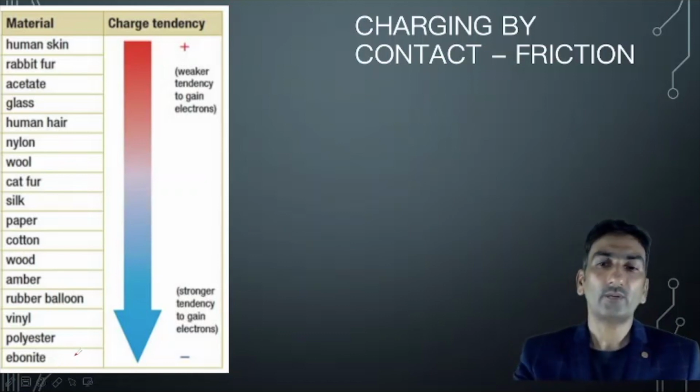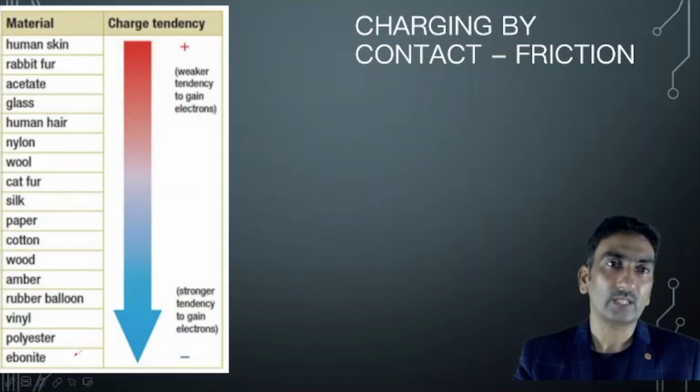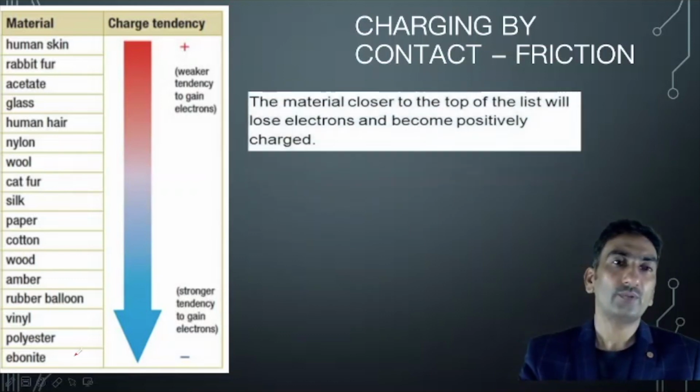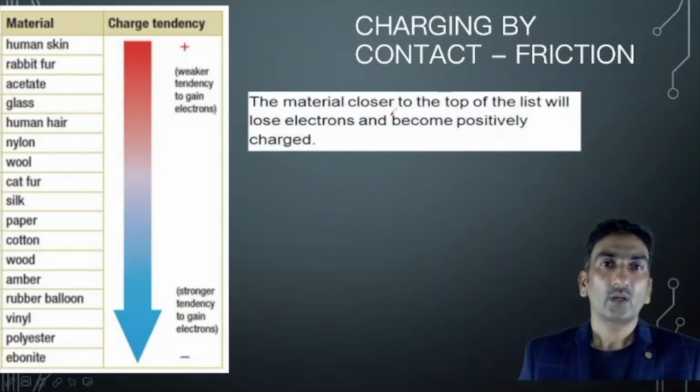How can we read this series to identify which material becomes positively charged and which one becomes negatively charged? If you choose any two materials from this series, the material which is closer to the top of the list will lose electrons and become positively charged.